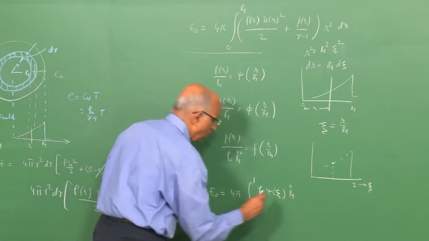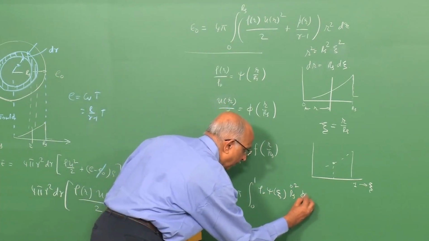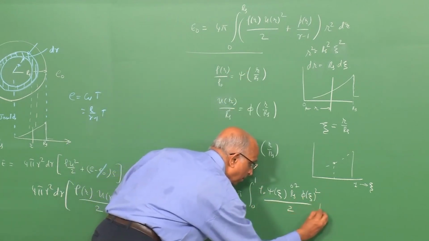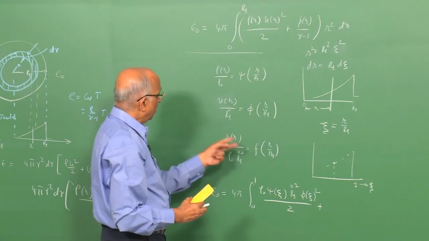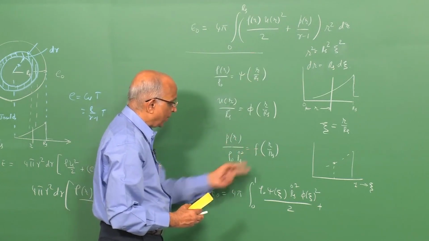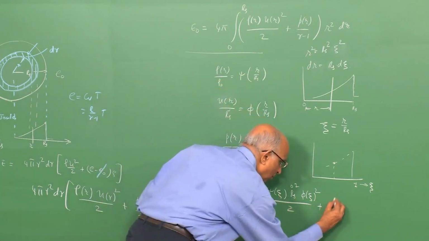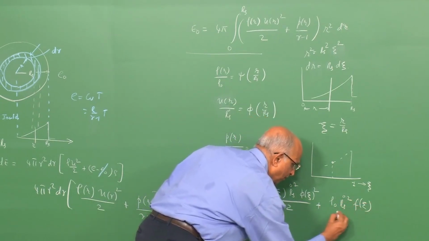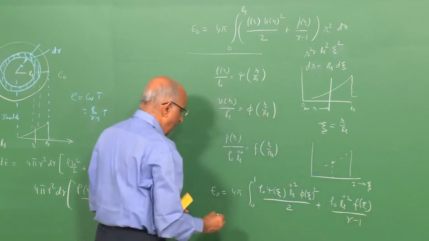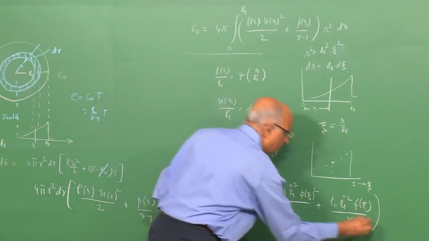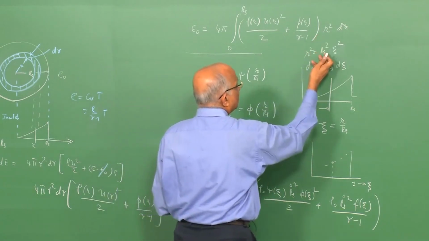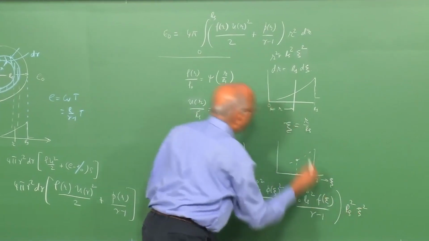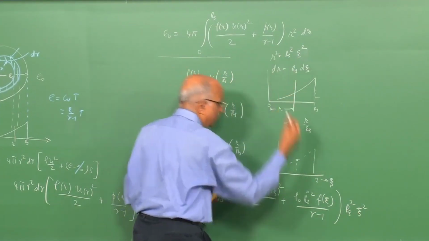U r squared, therefore Rs dot square into phi zeta square divided by 2, plus I have the value of pressure, P r is equal to rho 0 Rs dot square into F of zeta, therefore I have rho 0 into Rs dot square into F of zeta divided by gamma minus 1, and this value is multiplied by r squared, which is Rs squared into zeta square, and dr is equal to Rs into d zeta.